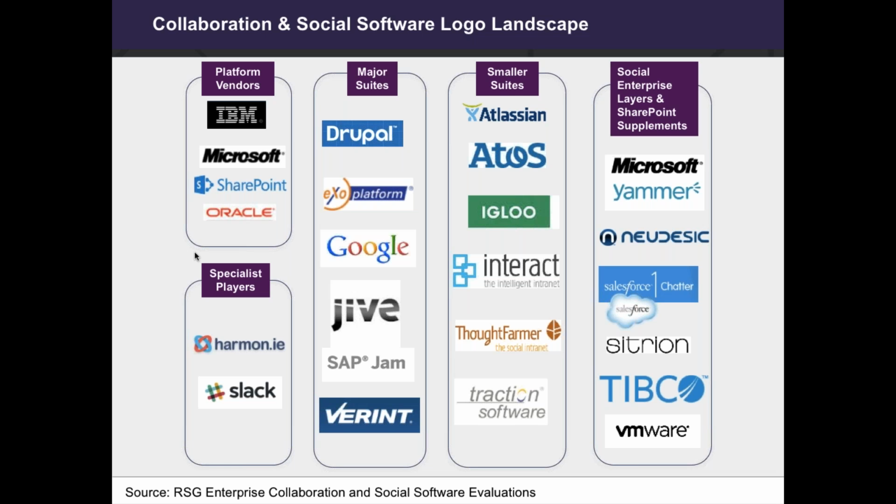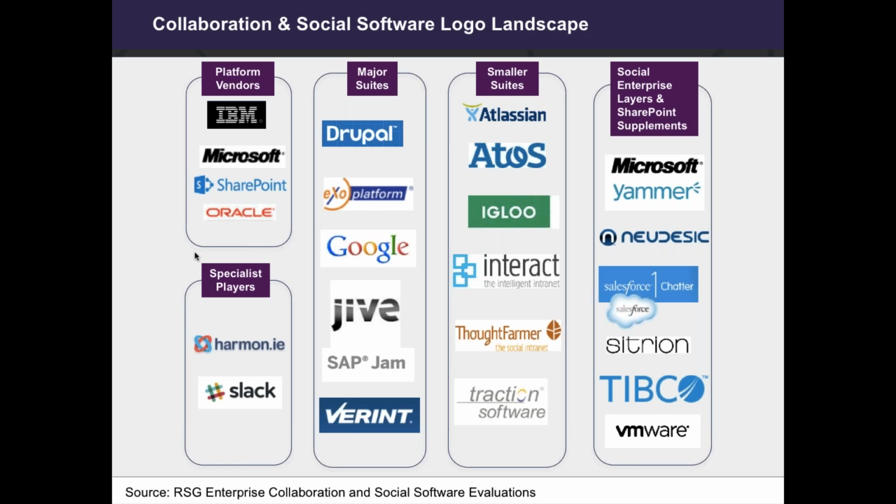Some of the more interesting things are happening with the smaller suites like Atlassian, and then some of these intranet in a box, social intranet in a box, like Formative, Interact, Igloo, and others. And then you have this area of social enterprise layers and SharePoint supplements, Yammer, of course, being maybe the most famous, but also Newsgator, certainly Salesforce Chatter, Jive, Citrix, the former NewsGator, TIBCO, VMware.